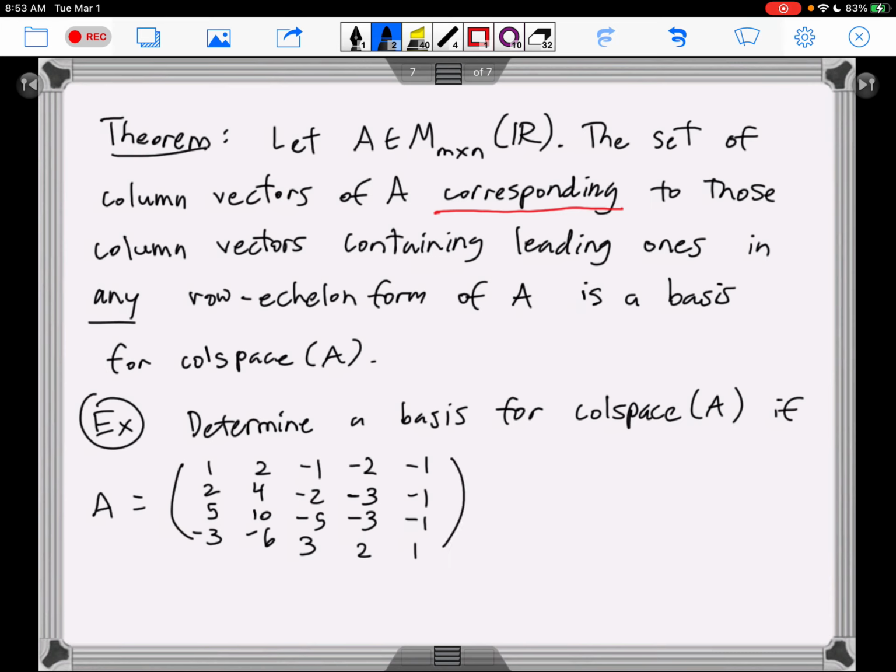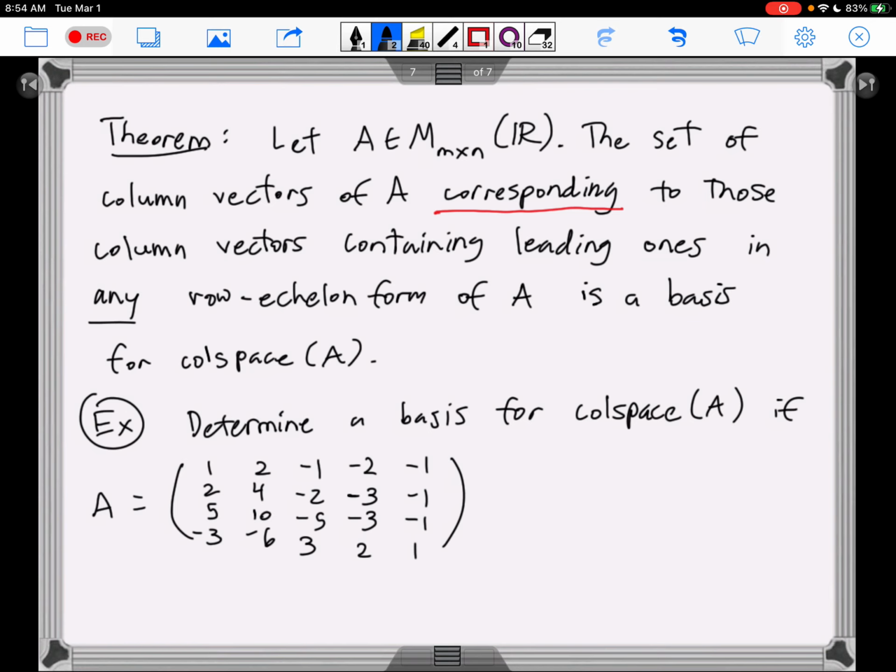Okay. So the idea is, remember, we're looking at these as individual columns here, okay? And we want to figure out how we can form a basis for the column space of A.